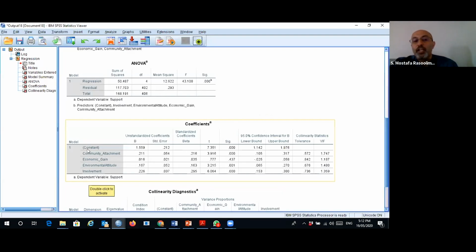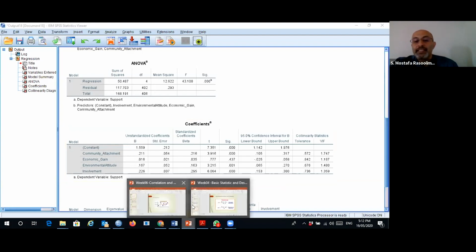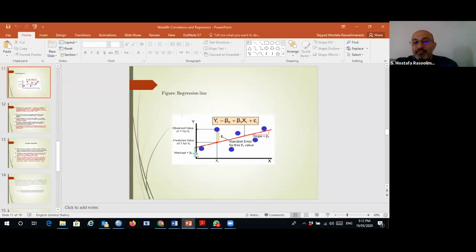Here we have constant value, community attachment, economic gain, environmental attitude, and involvement. So you have your independent variables and another row is constant. Constant is this value.